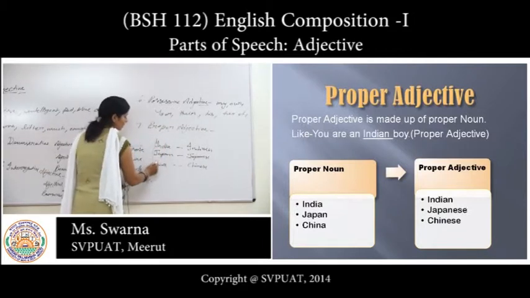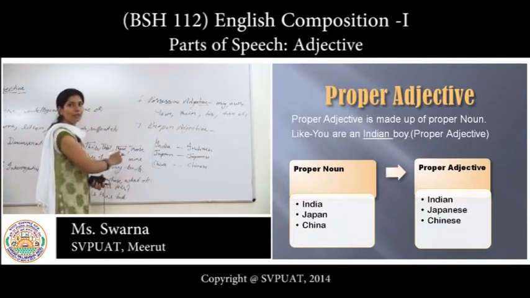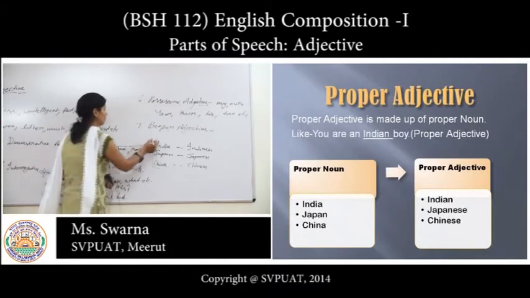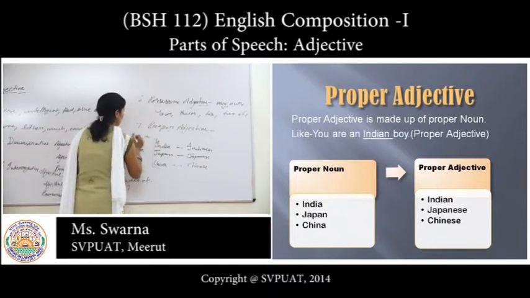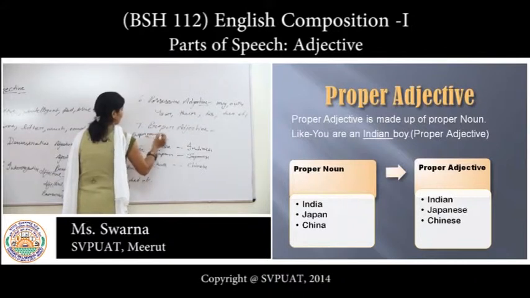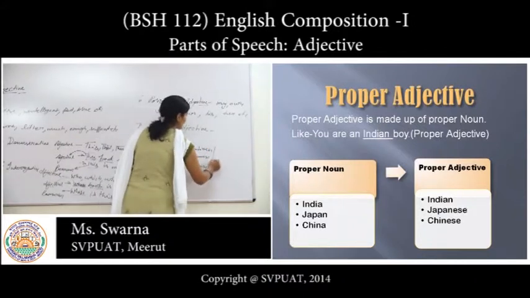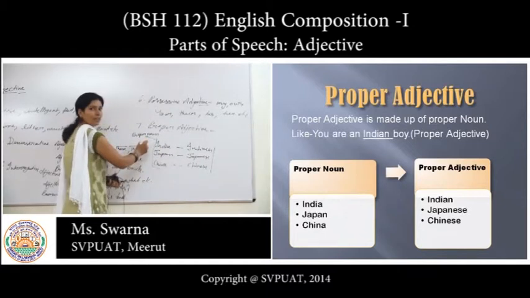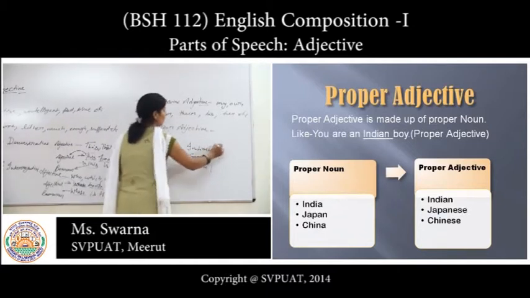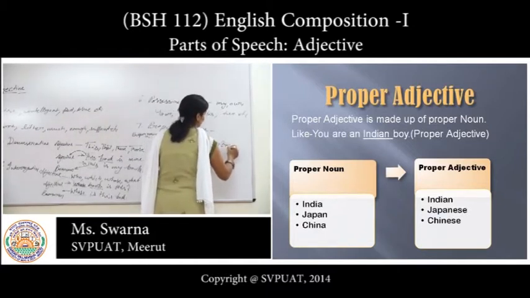So these words are used as a particular name for a place. These words are proper nouns, and these words qualify a proper noun. So these words are proper adjectives.